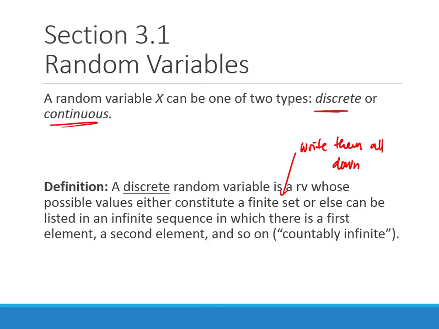For those of you who have taken some more advanced math, you know that's called countably infinite. The list can be infinite, but it needs to be countable. That's going to be our discrete random variable. Of those three that we looked at already, this would be examples 1 and 2.